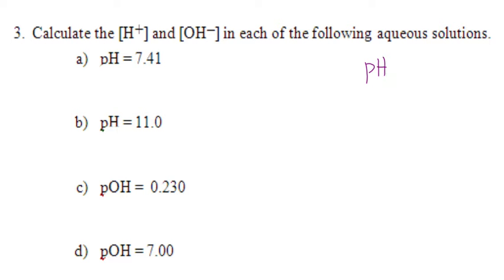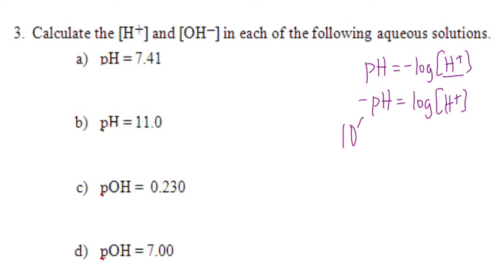If we have pH, it's equal to negative log of your H plus, right? So if I'm trying to figure out just the H plus concentration, I'm going to move my negative to the other side. So I get negative pH is equal to the log of H plus. How do I get rid of log? I do 10 to the power, right? So that gets rid of that.